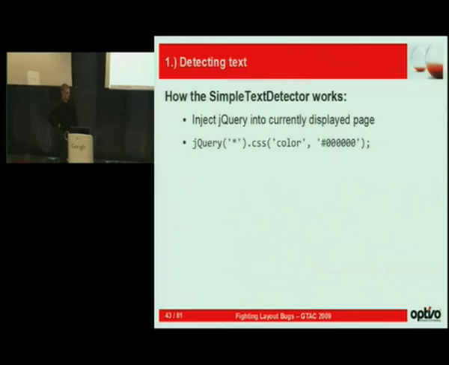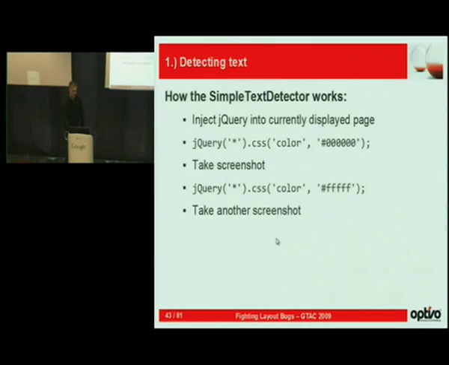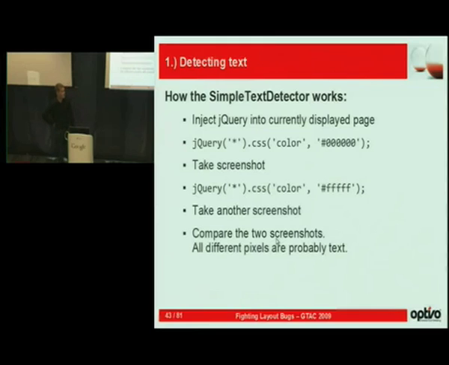And this means all the text of every headline, every link, every paragraph becomes black. So I take a screenshot, and then I say give all text on the page the color white. And then I take another screenshot, and all I have to do now is compare those two screenshots, and all different pixels are probably text.